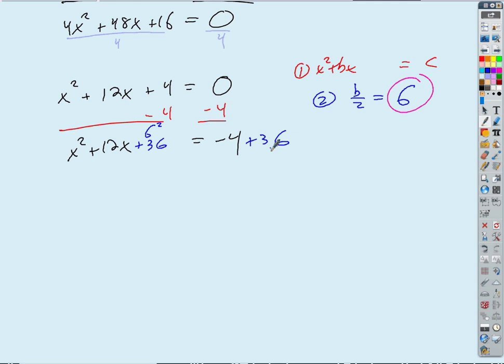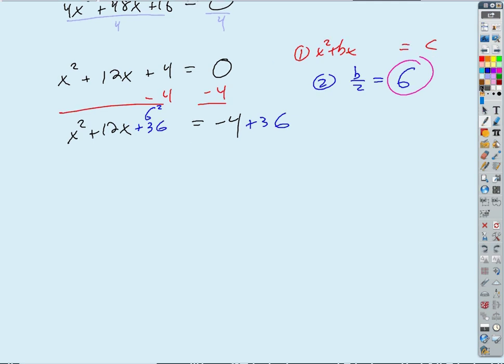So I'm adding 36 to both sides, and that gives me, well, on this side I'm getting 32. When I factor, what do I get on the left side? X plus 6 squared. Good.